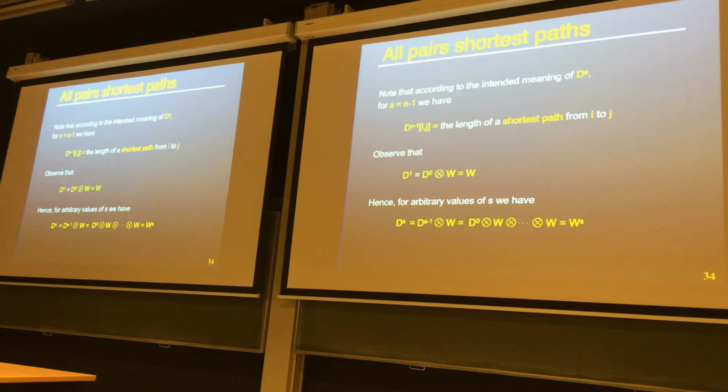Otherwise you have formed a cycle. So D n minus 1 ij contains the length of a shortest path from i to j.